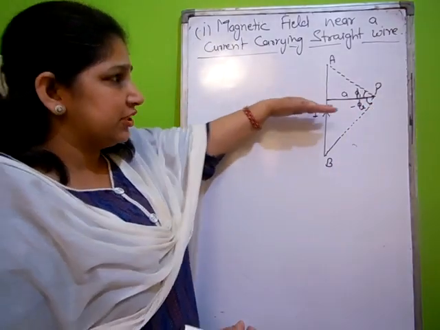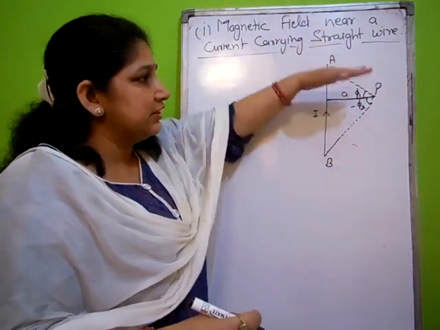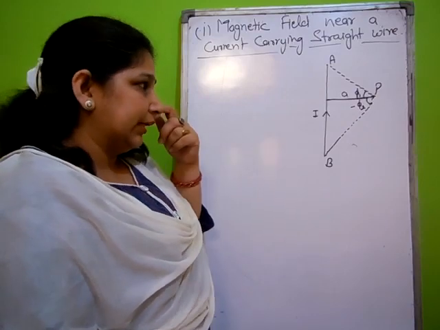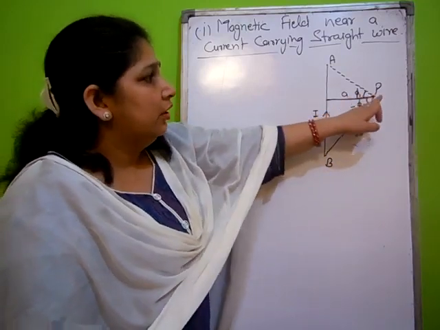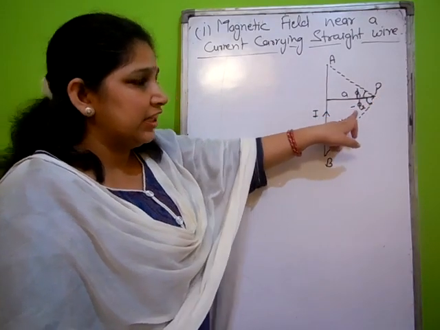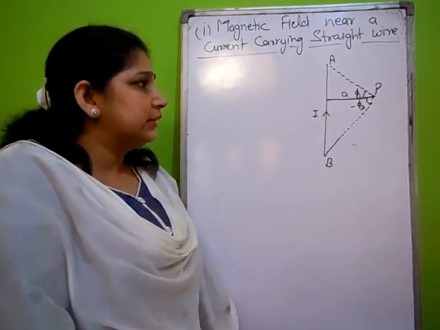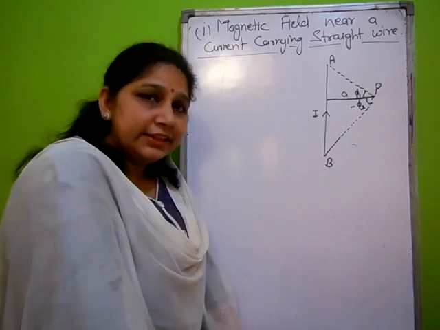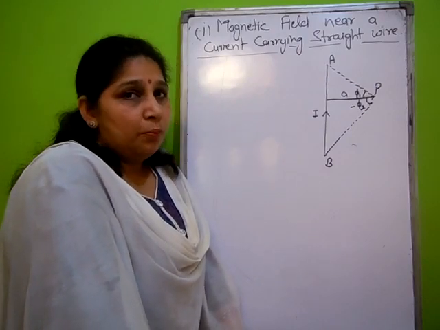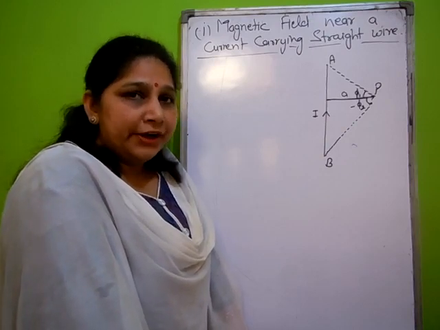As we have considered positive angle at the upside, we will consider negative angle at the downside. Then at the second end, the angle made by point P is minus phi 2, and this set of angles will change when we change the position of the point.